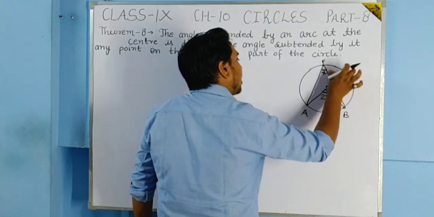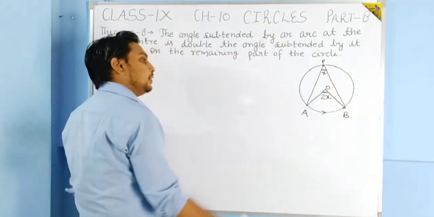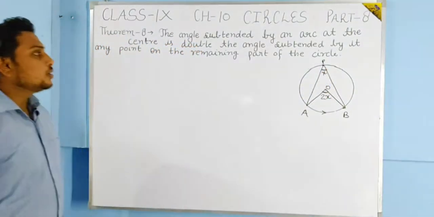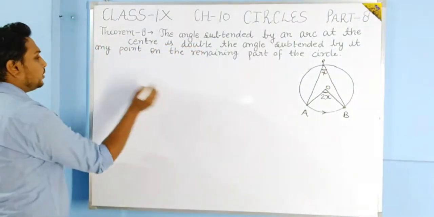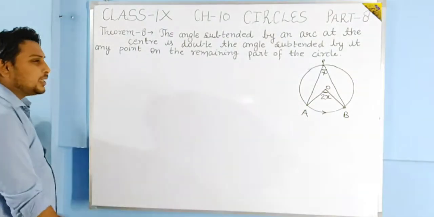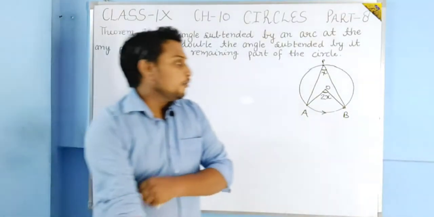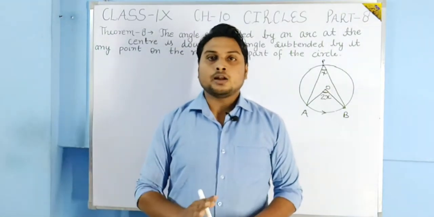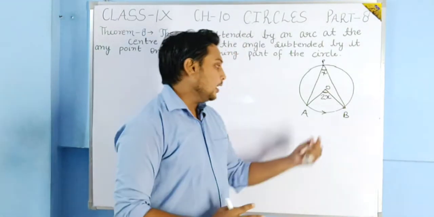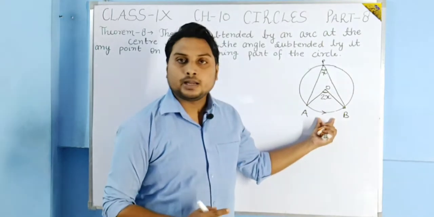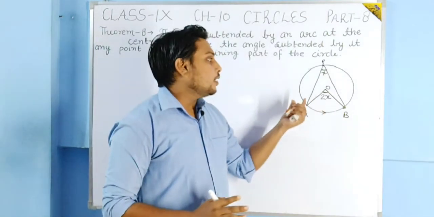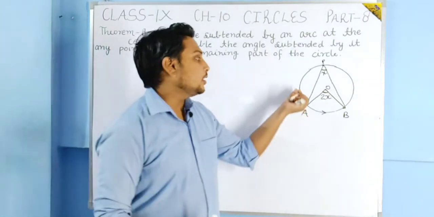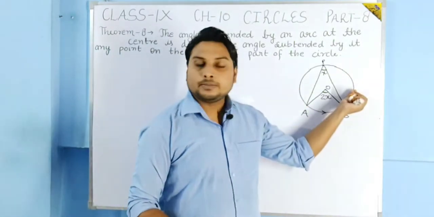Now the question is how we will prove that this angle is twice this angle. To prove this, a total of 3 cases are possible, students. I have told you that arcs are of 3 types. One is the case of a minor arc, the second case will be of a semicircle, means if the arc is equal to the semicircle.